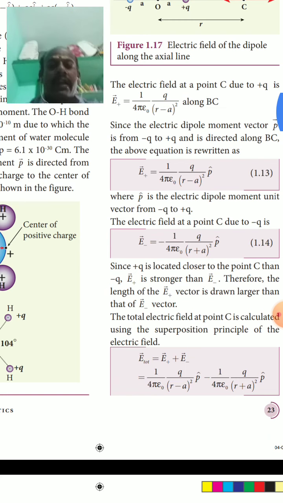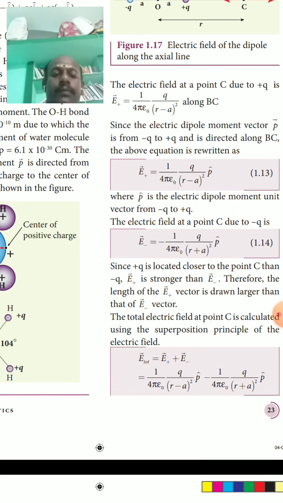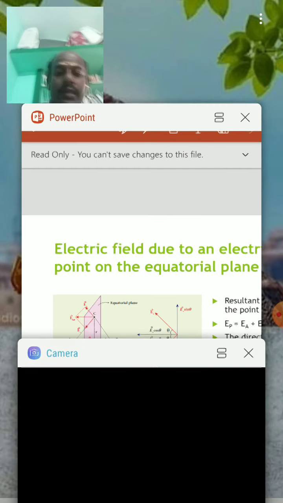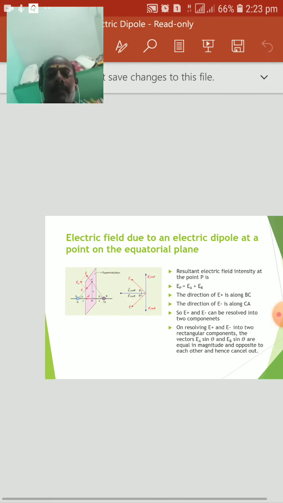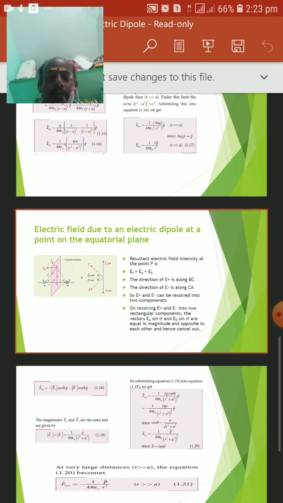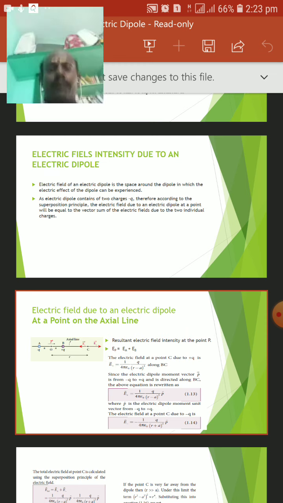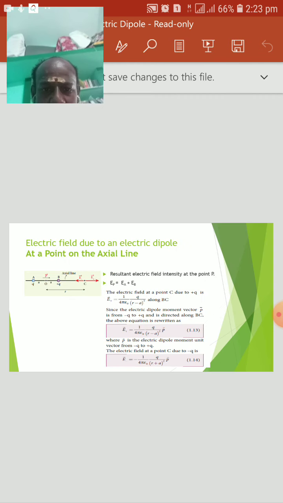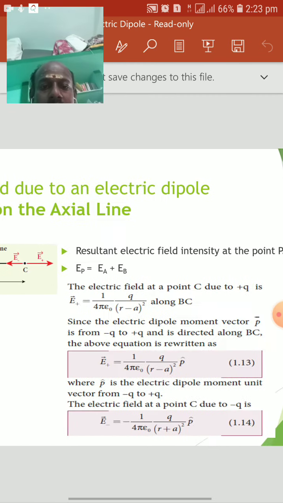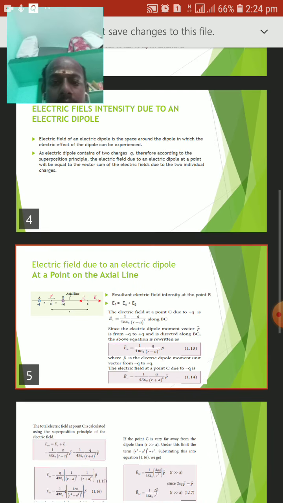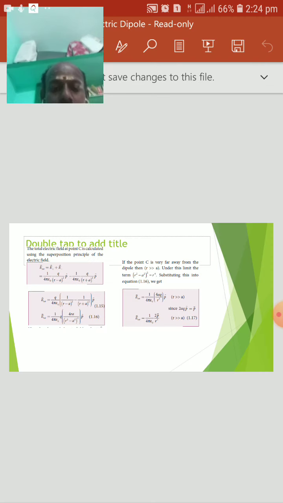When I make the addition, Q by 4 pi epsilon naught is the common constant term, so I can take it out. The remaining terms are here. This is what I showed you in the PowerPoint presentation. So in the first one I showed how the electric field is obtained due to an electric dipole in its axial line, and the resultant will be here.